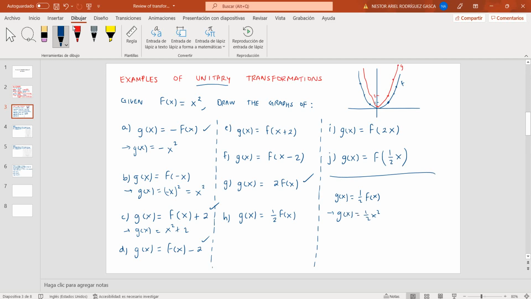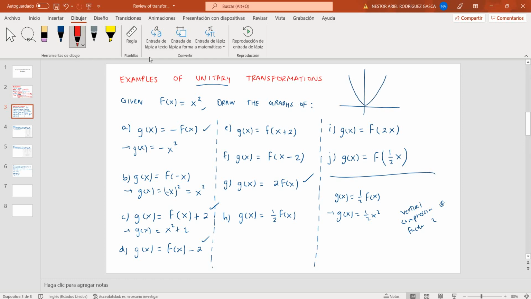And this is a vertical compression of factor 2. And what's happening is the opposite. Instead of multiplying by 2, what's happening to the original parent function, let me draw it once again. Let me do it better. Okay, there you go, more or less.